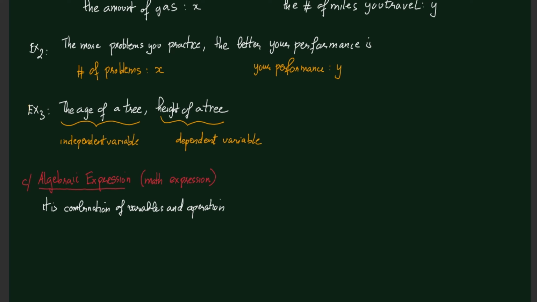Operation could be all the operations you already learned in elementary, like plus, minus, multiplication or division. If you are at a higher level, you can do exponents, or maybe radicals. Okay, there's more and more.